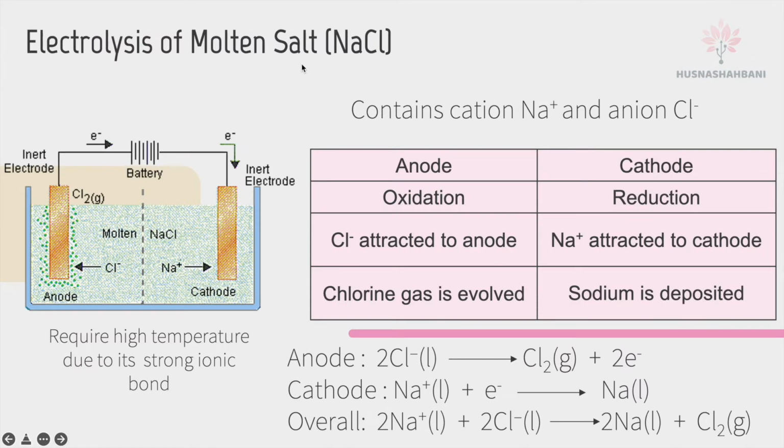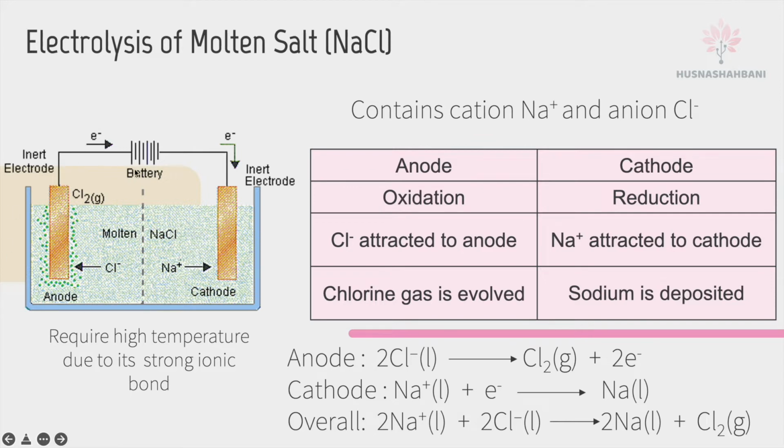Electrolysis of molten salt, for example, sodium chloride. Here, this is the electrolysis of sodium chloride. You have the battery, anode and cathode electrodes. Both electrodes are inert, meaning the electrodes do not react with the ions in the electrolyte.